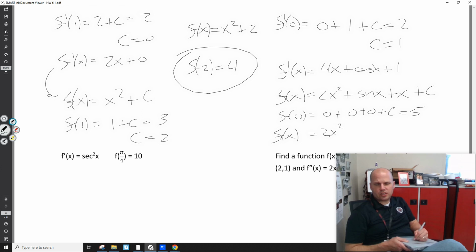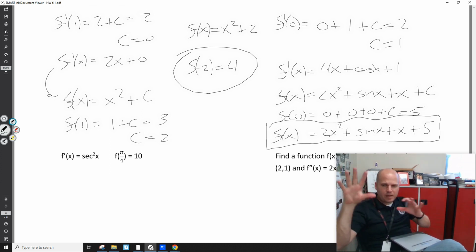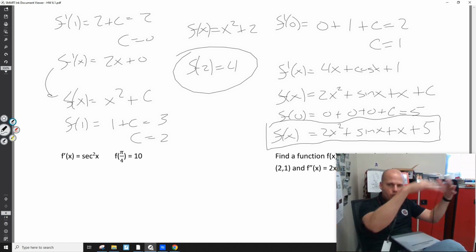This is considered the solution to the differential equation, which you can think of as the specific equation whose information checks out and whose derivative checks out.